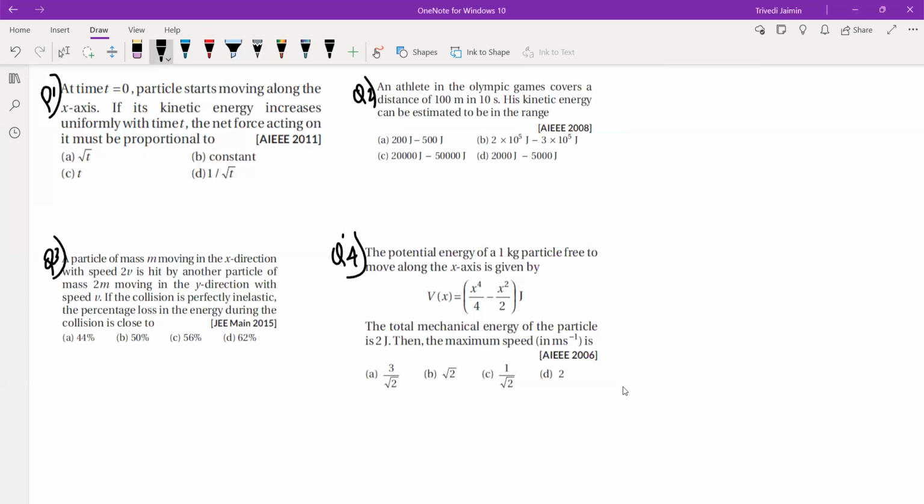These 4 questions are for homework. Have you taken a screenshot? Then let's do one more question. We'll do one question here, then we'll end the meeting.